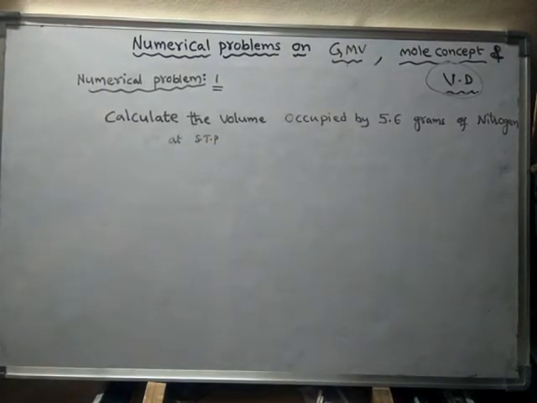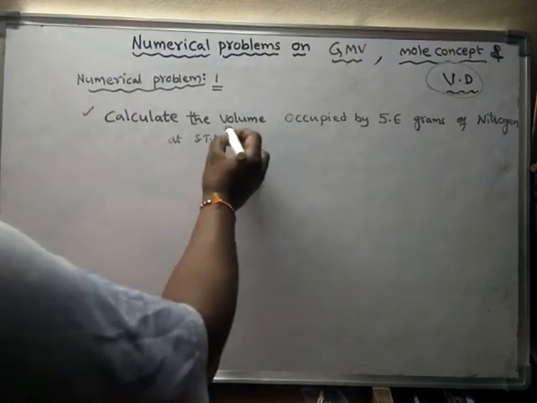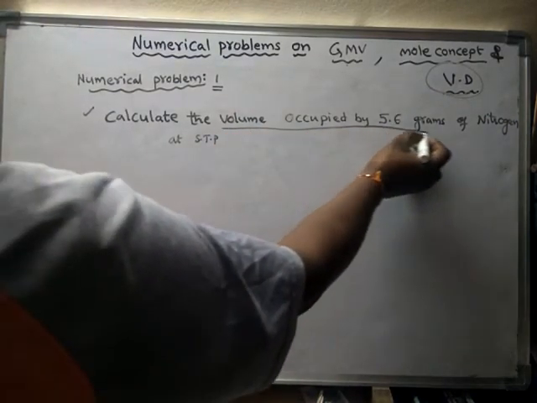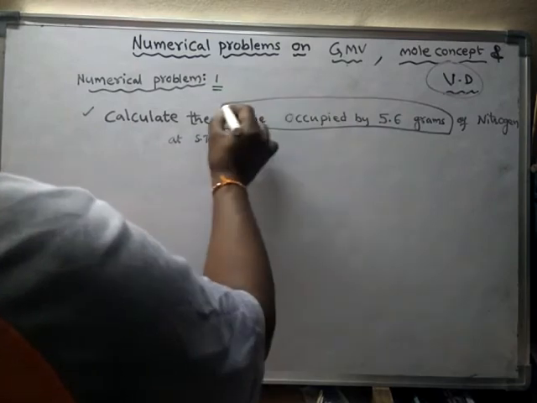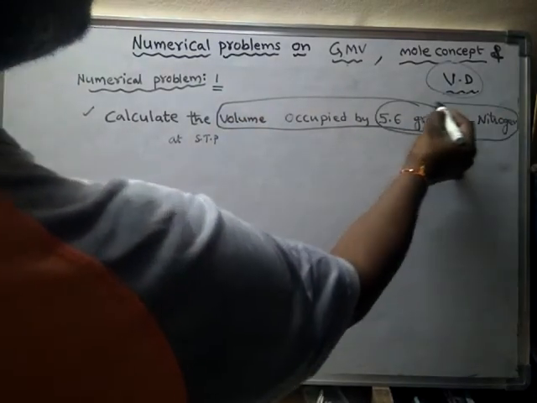How to solve such problems? What is asked here? Calculate the volume occupied by 5.6 grams of nitrogen.